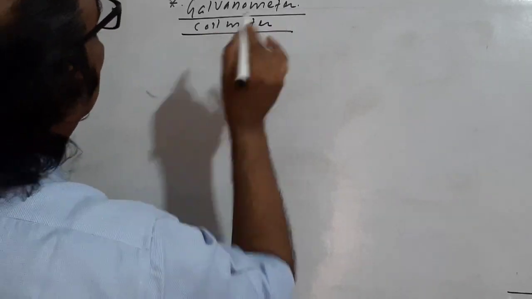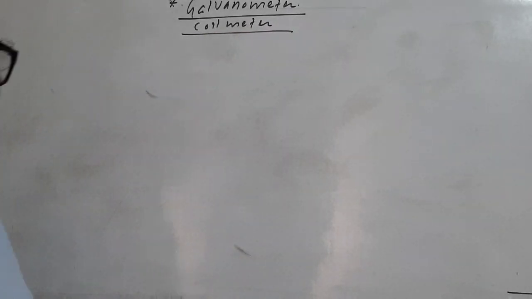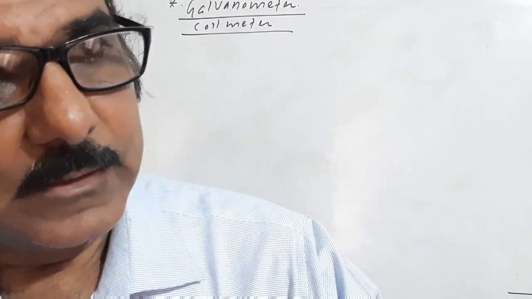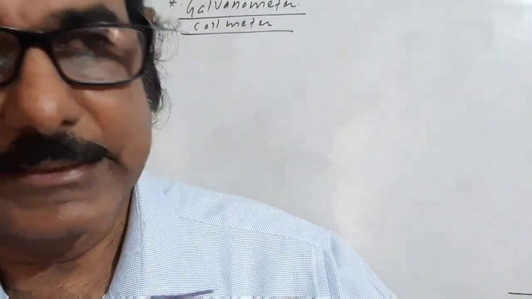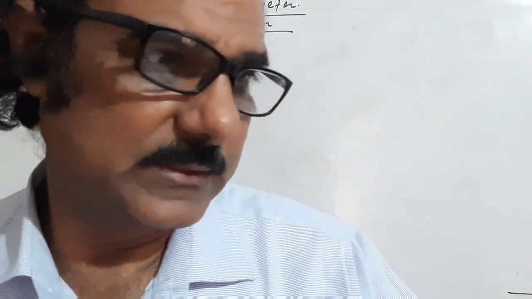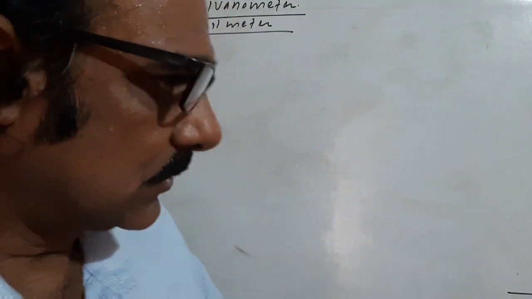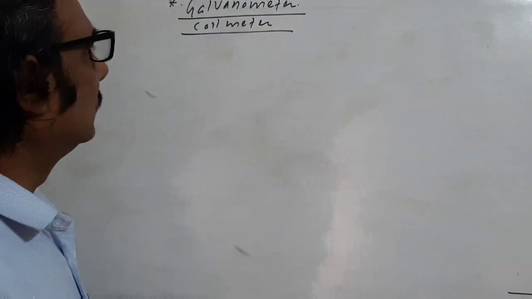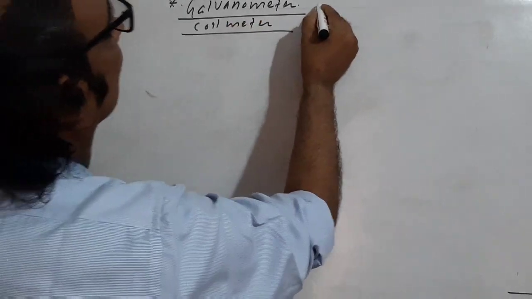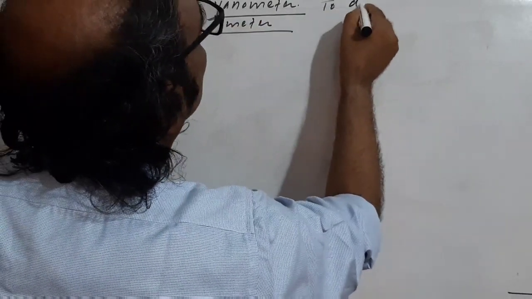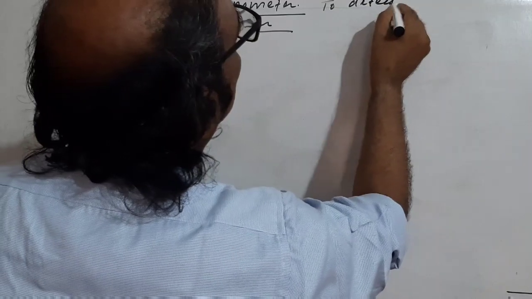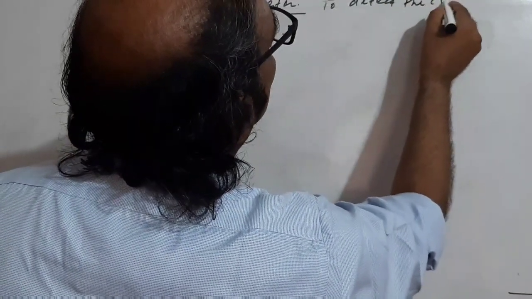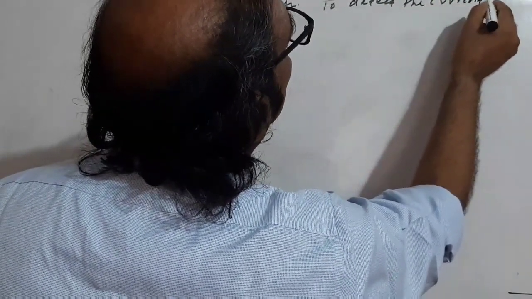Or coil meter. So first of all, a galvanometer is an electrical device which is used to detect the electrical current passing through an electrical circuit. It can be used only to detect the current.